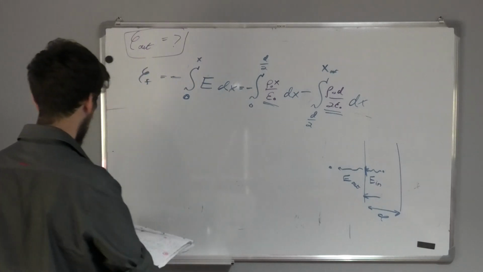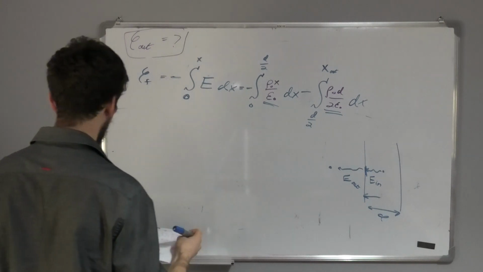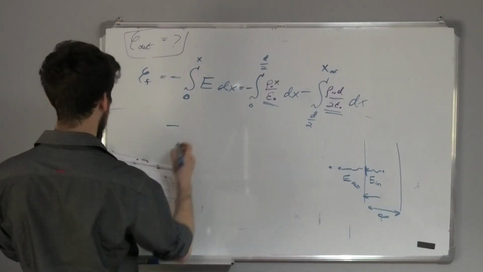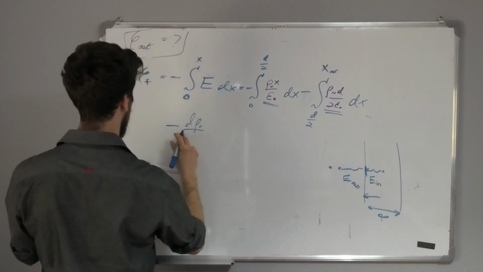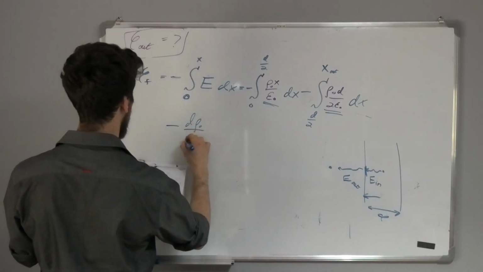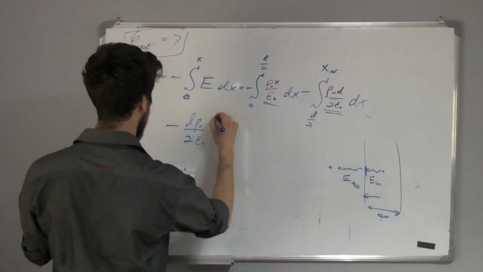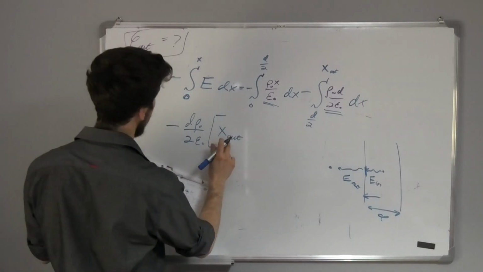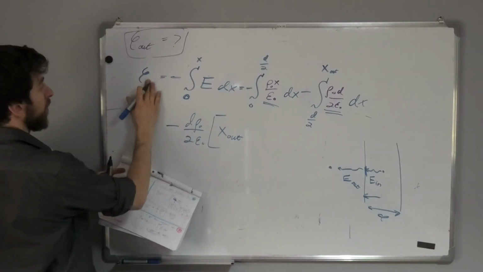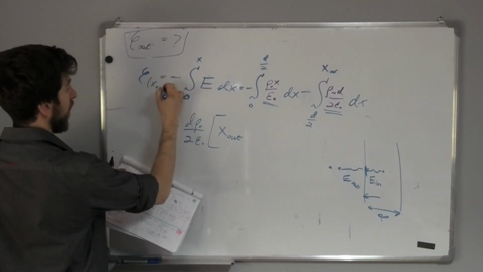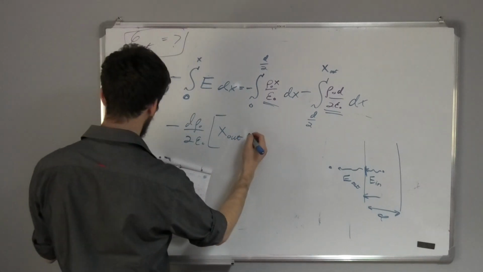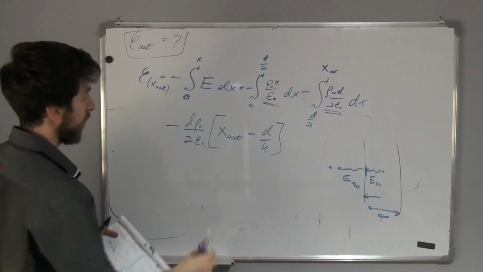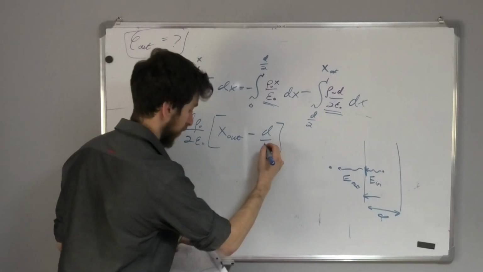If I solve all of this, it is going to be minus d rho 0 over epsilon 0, where d and rho can go outside, and inside I have x out, the location that I'm interested in knowing the potential, minus d divided by 4. So this is the solution to that question.